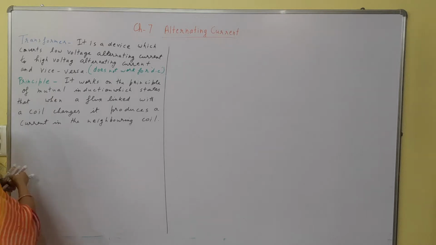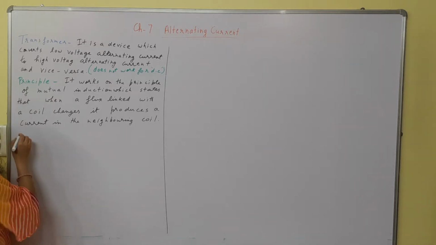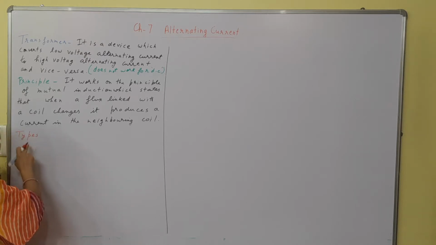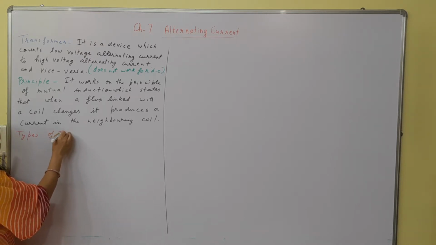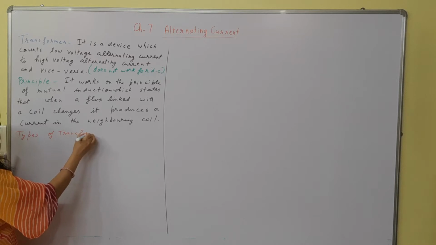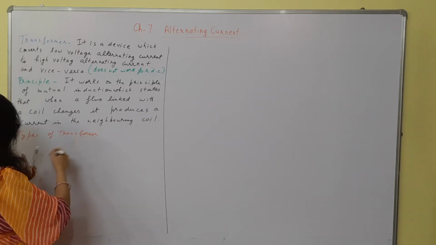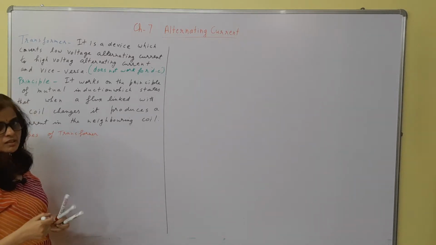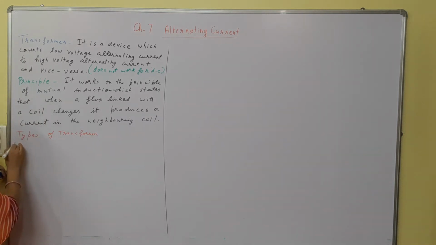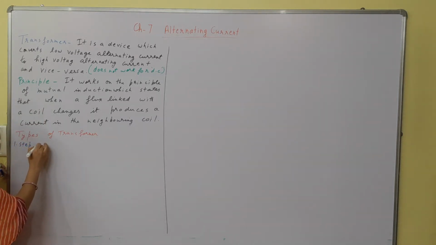Now let's move on to the construction of the transformer. But before that, we will discuss types of transformer. As I told you, sometimes we need to increase the voltage and sometimes we need to decrease the voltage.